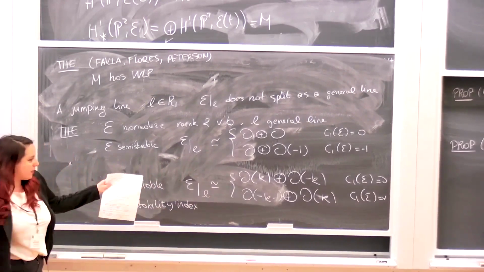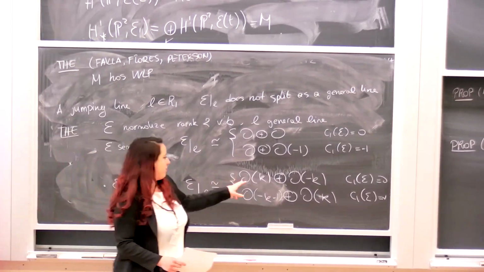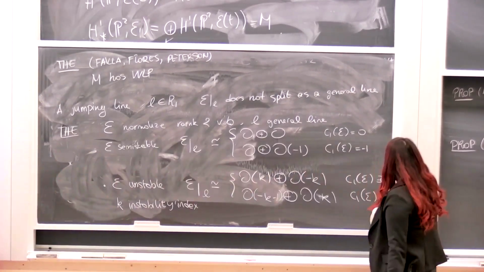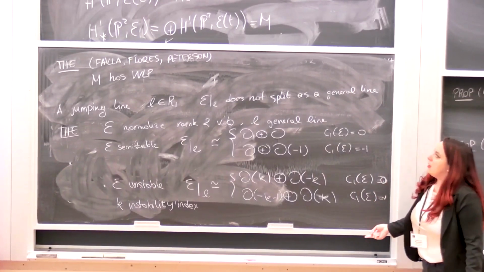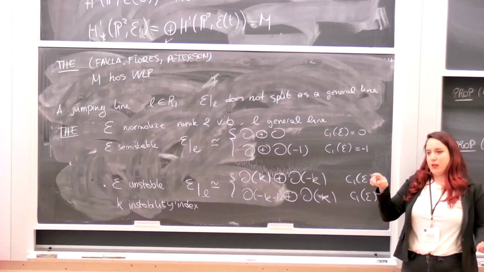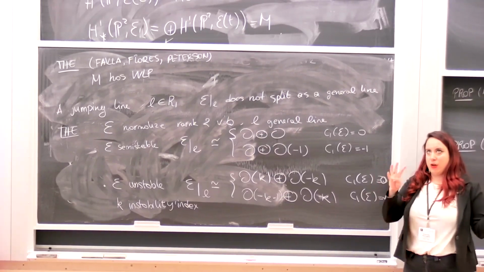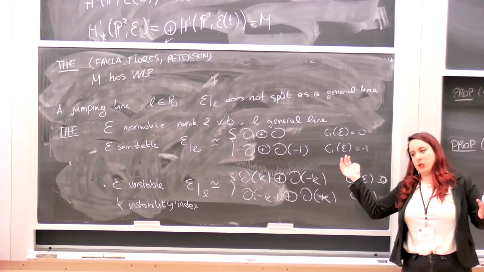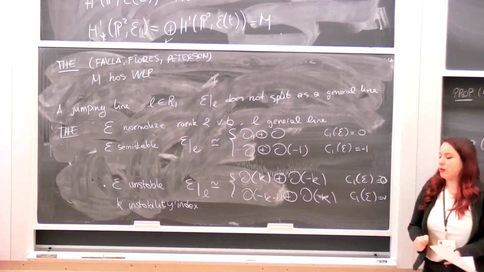So in the case where c1 is 0, k is strictly bigger than 0. In the other case, it is bigger or equal than 0. Because the instability index is the least such that H0 of E shifted by minus k is non-zero. So after that it is always 0.